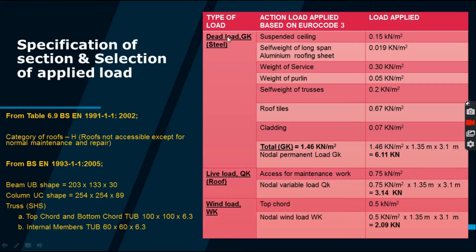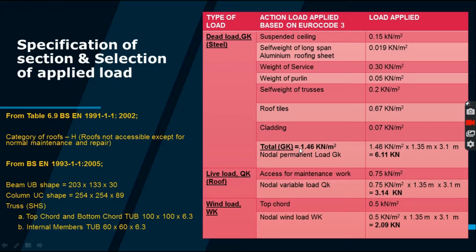We have three general types of load, which is dead load GK that applies on the steel, live load QK that applies on the roof, wind load WK that applies only at the top chord. So the GK including the suspended ceiling, aluminium, weight of service, weight of purlin, self-weight of trusses, roof ties, and cladding.